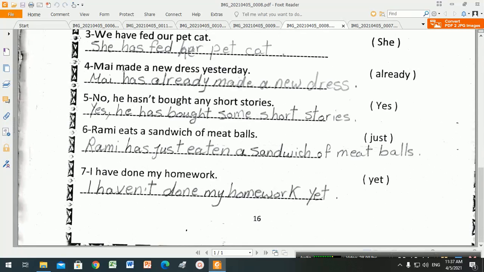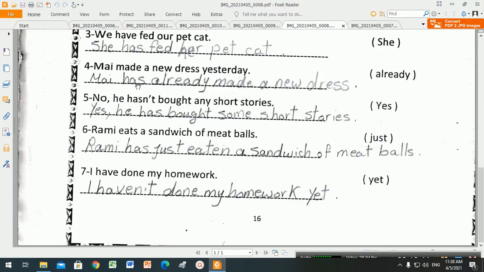Number 4. May made a new dress yesterday. Between brackets, already. Where should I put already? Already after has. So, May has already made a new dress. So I should add has. Why?